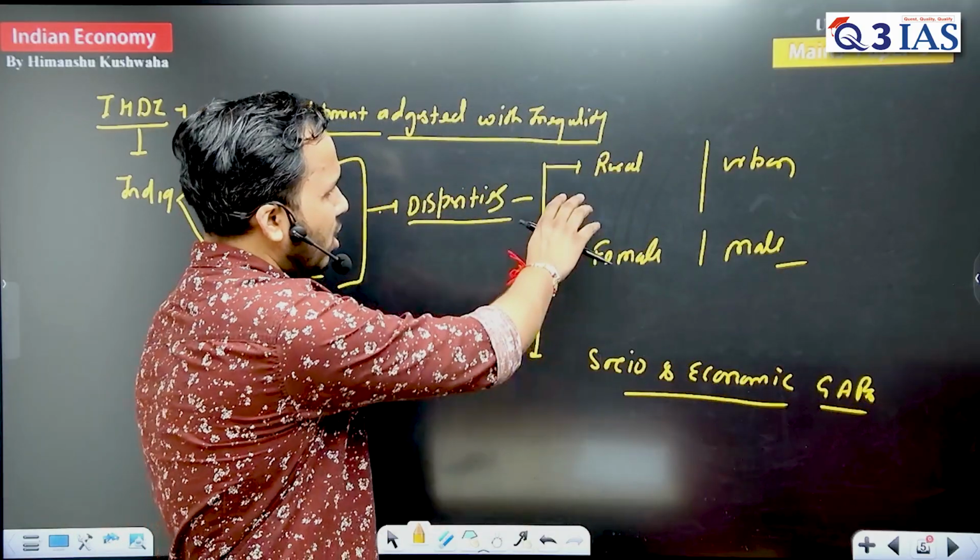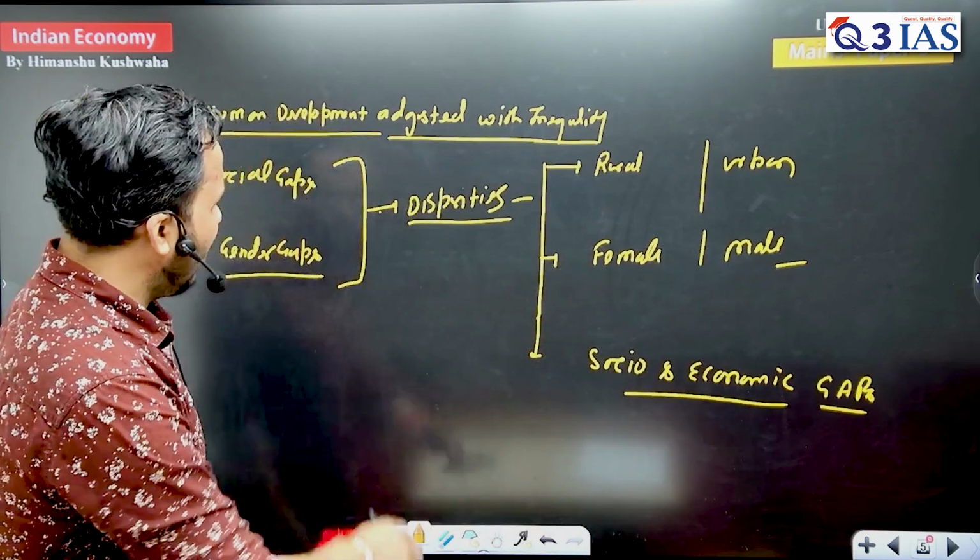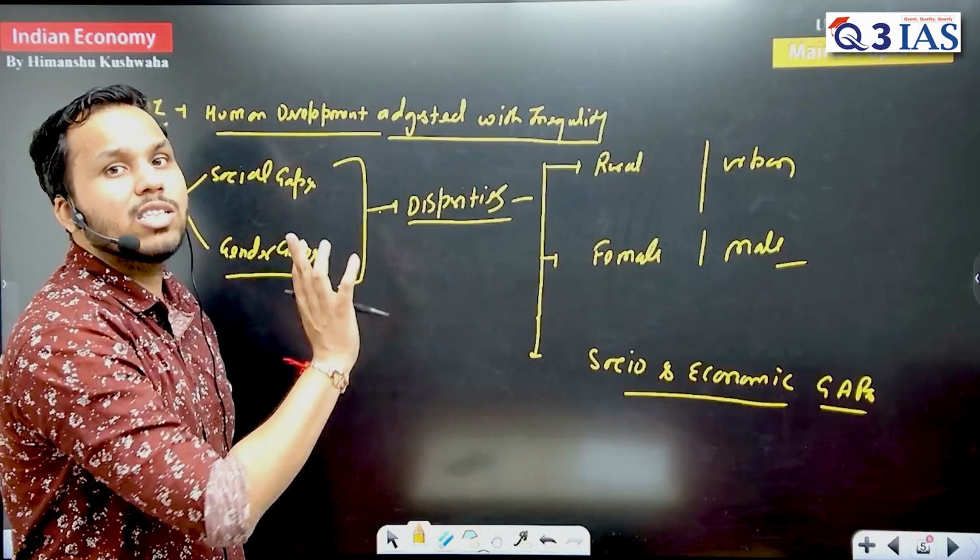So currently we can say rural, urban, female, male, socio and economic gaps, and these kinds of disparities exist.